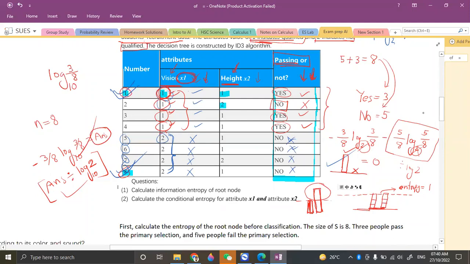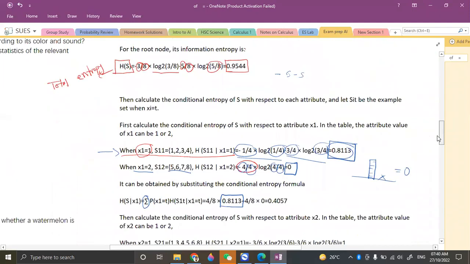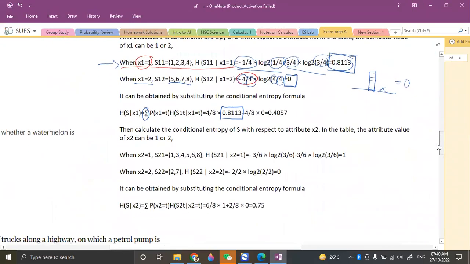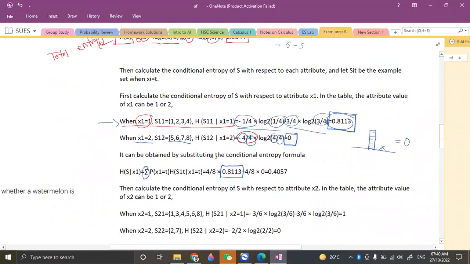That means as we add them together, we have to think of the whole situation. So here 4 out of 8, they are qualified. So we multiply them with their corresponding conditional entropy, right? You see here, x1 equals qualified, the result is 0.8113.